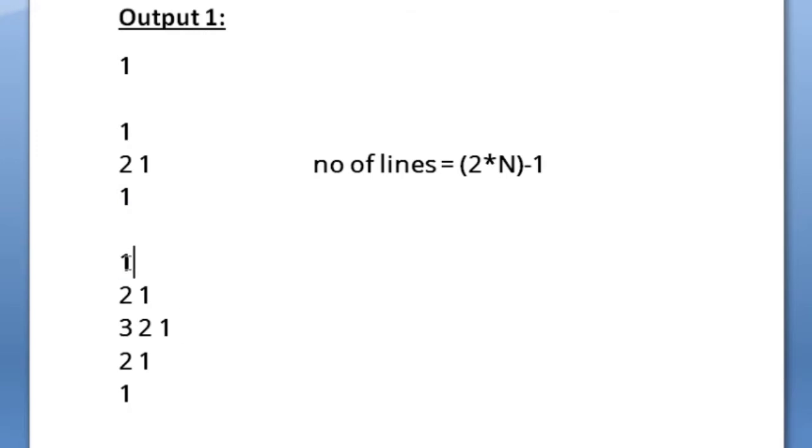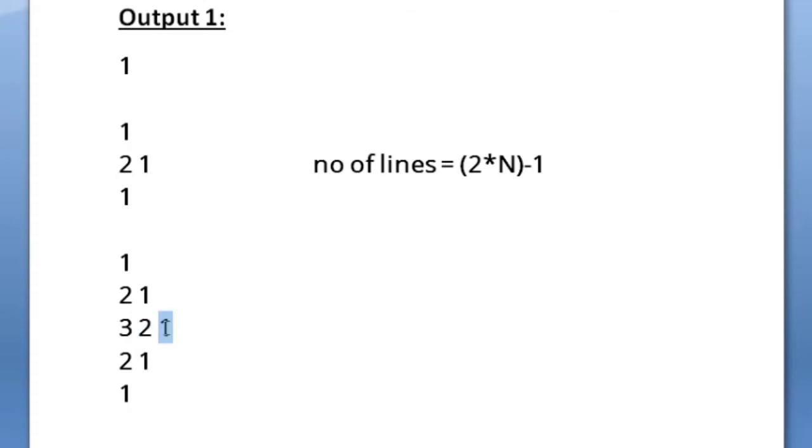These integers are the starting value of every line, and in every line we can see that from the starting value it is iterating until 1. Here the starting value is already 1, so there are no more integers to its right. Here the starting value is 2, so it goes until 1. Now here the starting value is 3 and it prints until 1: 3, 2 and 1.